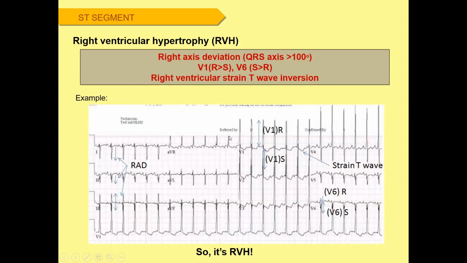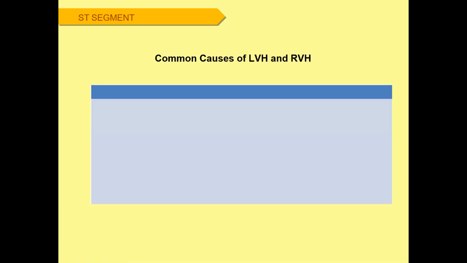The most important thing is that normally the R in V1 is smaller than S. Here, the opposite: R will be more than S, and the T wave will be inverted. So it will be known as RVH with strain pattern.